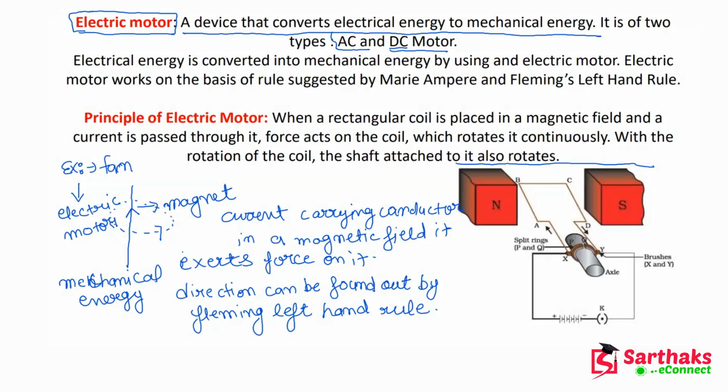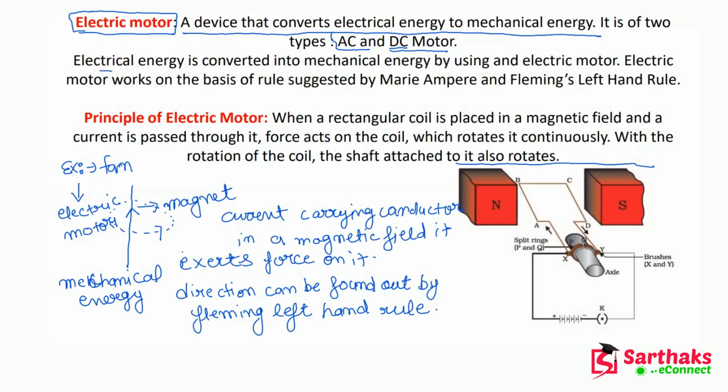If you supply AC current, then those motors will be known as AC motors. But if you start giving it DC supply, then it will be a DC motor. So the motor which works on AC is AC motor and the motor which works on DC is DC motor. I hope guys you get this.